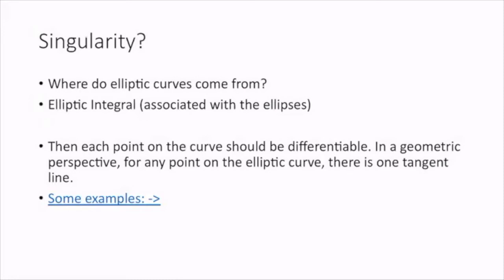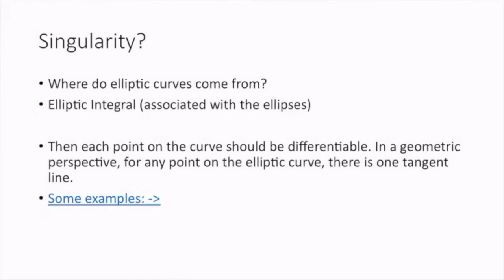But we're just going to go from here. When we hear the term integral, we might think that each point on this curve should be differentiable. So we might speculate that this will be the definition for singularity, or at least associated with the definition of singularity.